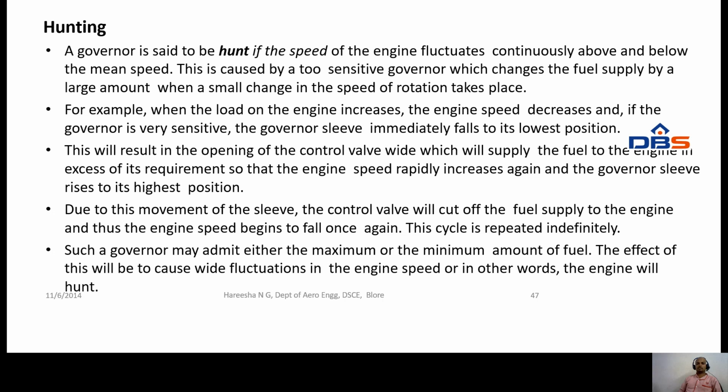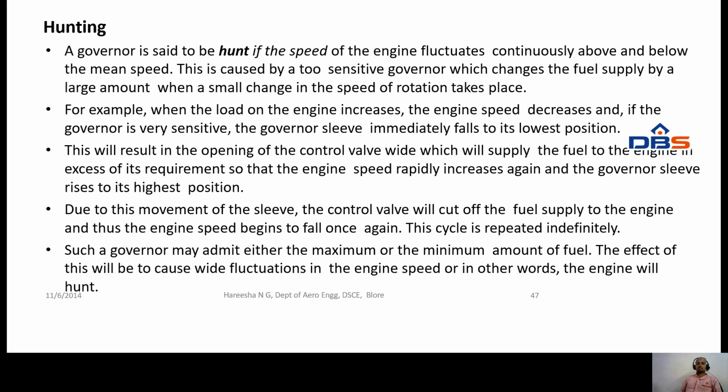So the governor is said to hunt if the speed of the engine fluctuates continuously above and below the mean speed. It is caused by over-sensitiveness of the governor, which may change the supply of fuel by a large amount when a small change in speed takes place. For example, when the load on an engine increases, the engine speed decreases, and if the governor is very sensitive, the governor sleeve immediately falls to its lowest position.